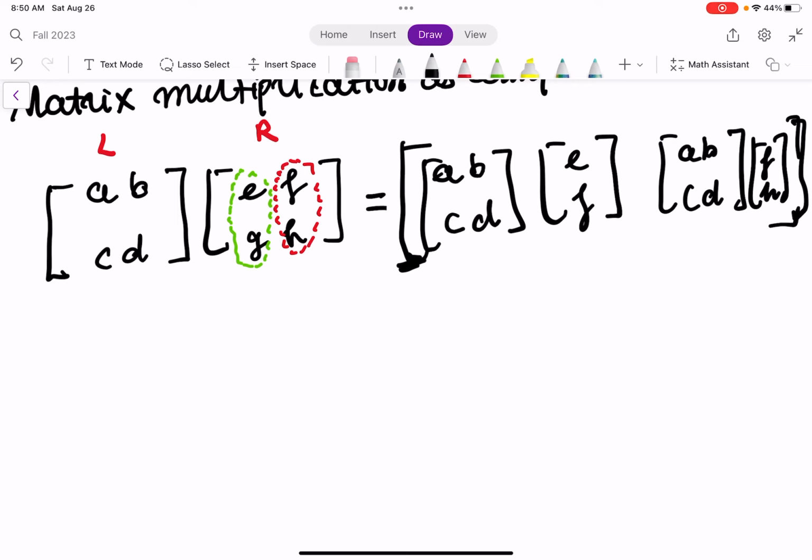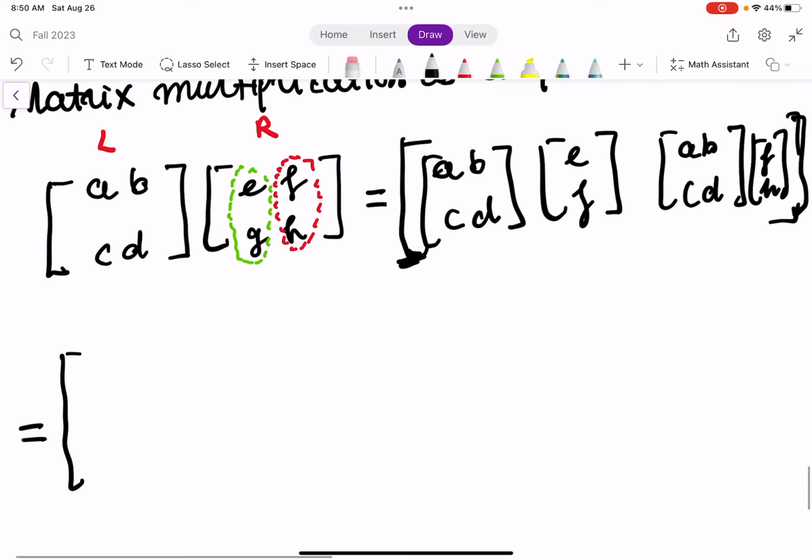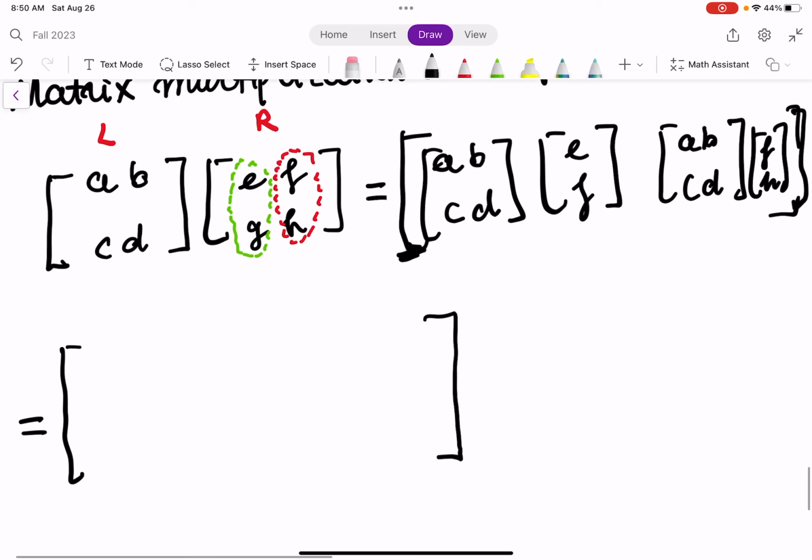The core definition is that, let me make a big bracket right here. E, what I'm highlighting, will undergo the AC transformation. So it will be E undergoing the AC transformation, and then you add it to F. F will undergo the BD transformation.